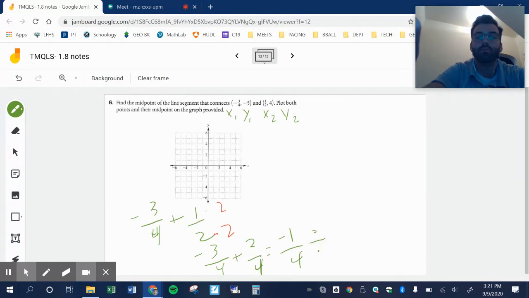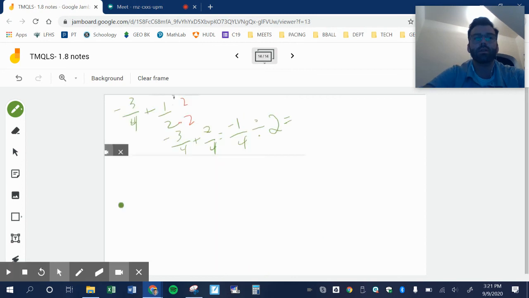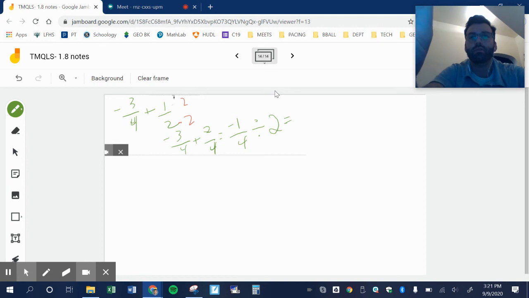And I will divide that by 2 because I'm doing x1 plus x2 divided by 2. Well, dividing by 2 is like multiplying by 1 over 2. All right, so I'm doing a lot of work here. Let's see if I can make this a little bit easier to see. Hold on. 1 second. All right, so here's my work for x. Okay, remember negative 1/4. When I divide by 2, this is like 2 over 1.